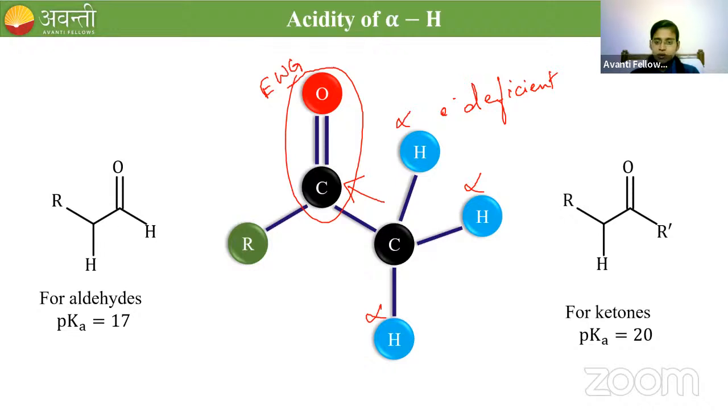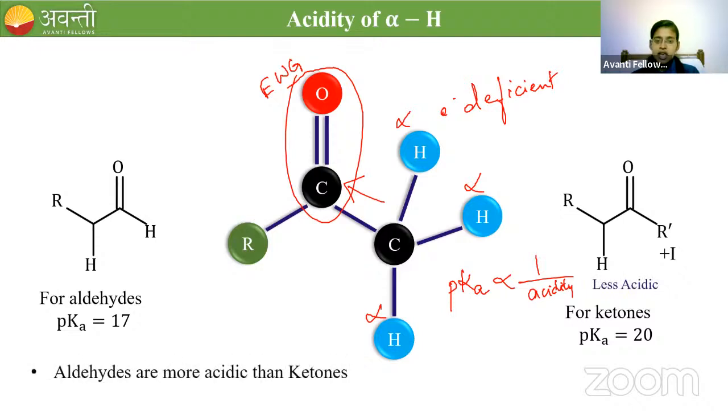So pKa is inversely proportional to acidity. So ketones have the highest pKa value, so they are less acidic, and aldehydes are more acidic. Okay, aldehydes are more acidic than ketones.